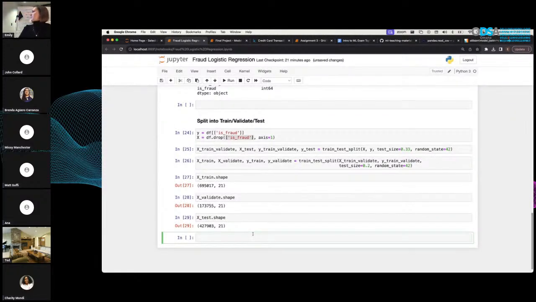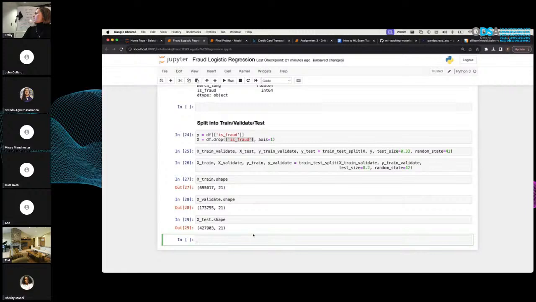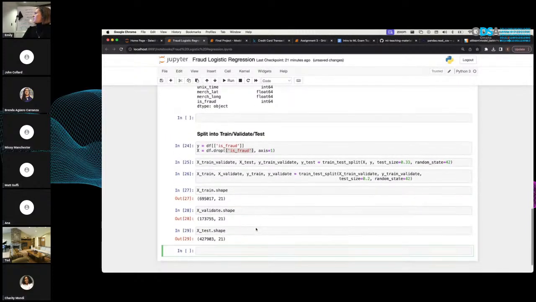And our X test should be larger than validate. Let's just validate all those things actually happened here. Yep. 400,000 is larger than 173,000. Our validate should be the smallest, and then our largest should be our training set. Okay, just want to make sure I didn't swap something around there.